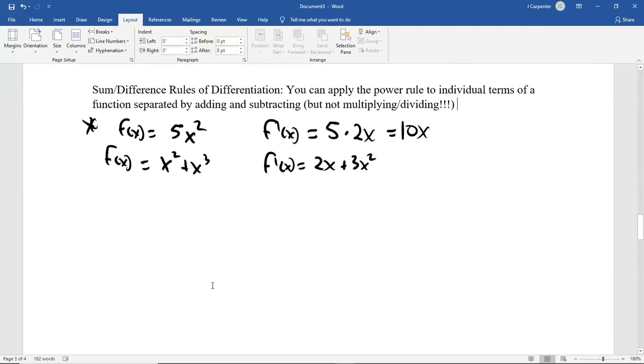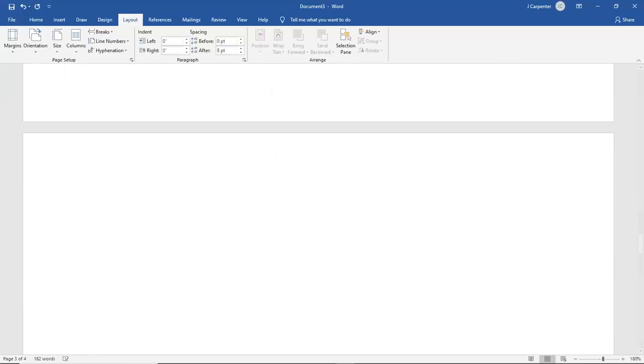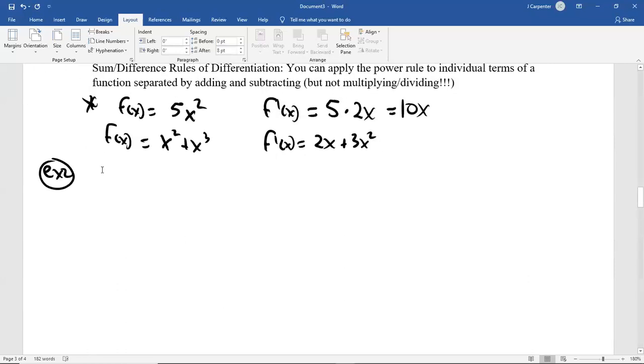So with that being said, let's get into example 2. Let me make sure I have lots of space. I don't want to end up messing anything up. Example 2, find the derivative.